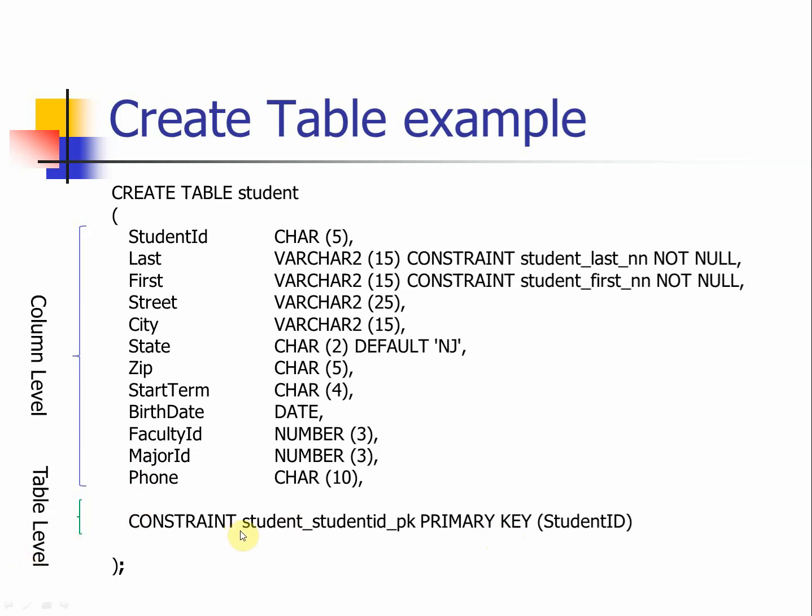Obviously, by looking at this case, you will understand that we add a constraint, give it a constraint name, indicating I want to set up the student ID as our primary key. So you can see this is a primary key constraint. We can totally add this constraint when we are defining the student ID as well.